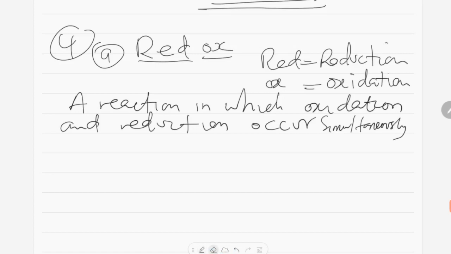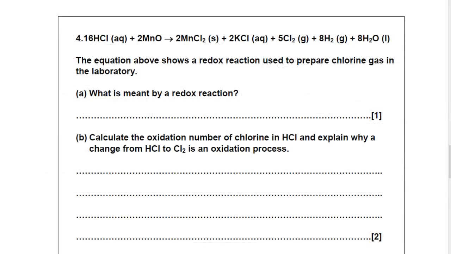So let's look at the second part of the question, which is B. The question reads, calculate the oxidation number of chlorine in HCl and explain why the change from HCl to Cl2 is an oxidation process.